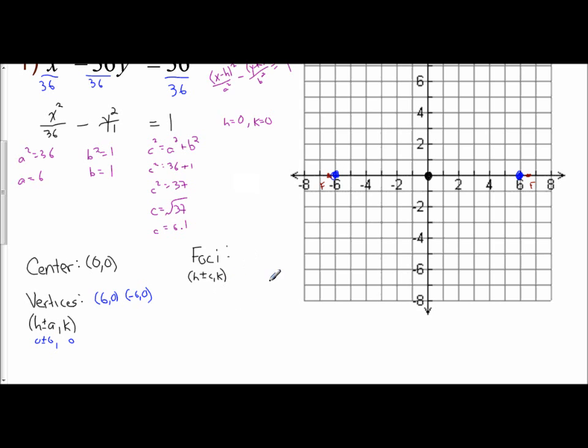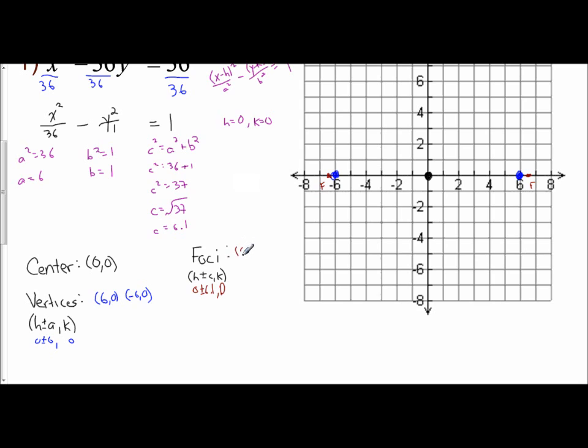So what are the coordinates? You can use the formula if you want, 0 plus or minus, and you can even use a decimal if you want: 0 plus or minus 6.1, comma 0. I prefer to always just use the radicals, so that way I can always see the exact value of c.